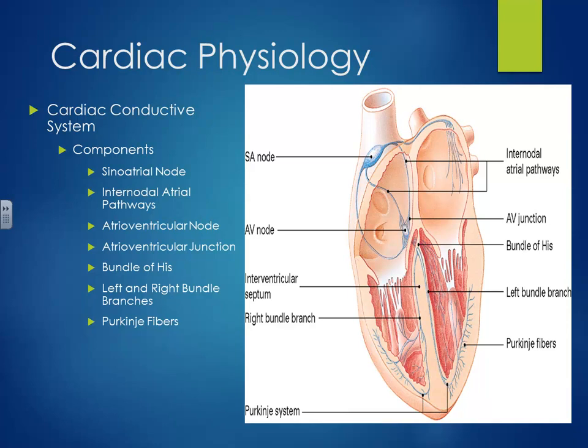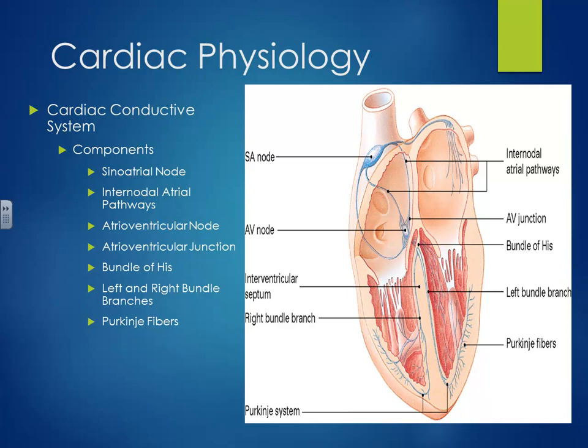All of these are electrical pathways made of myocardial cells that transfer the electrical activity. The bundle of His starts here, and then it breaks off into your right and your left bundle branches.